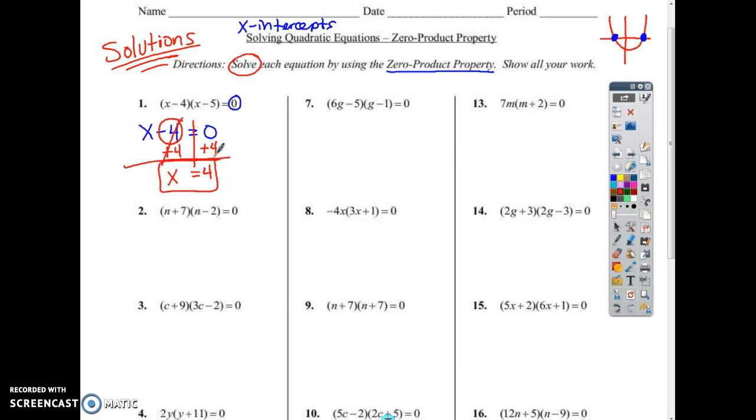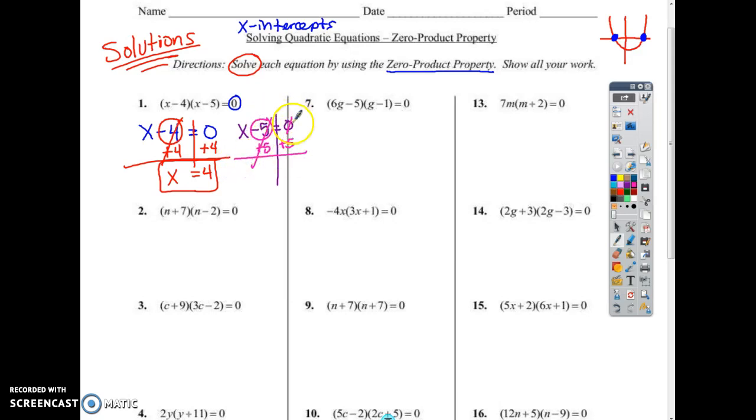Okay? That's one of them. And I should have left some space for the other one. The other one is x minus 5 equals 0. So x minus 5 equals 0. How do I get rid of the 5? You add 5 to it. So plus 5, plus 5.